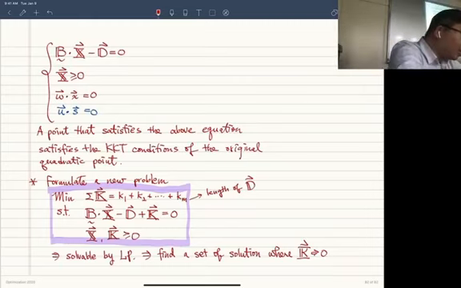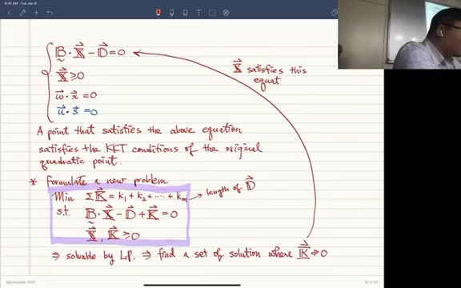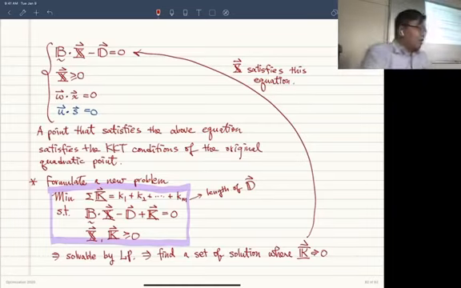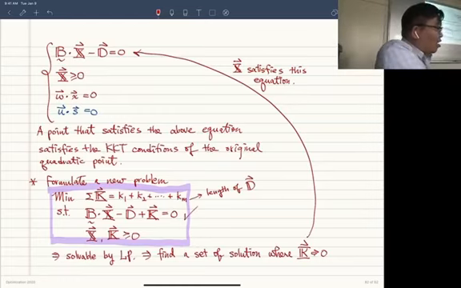That means your x at the moment satisfies this equation. Because in this new problem, if you find a set of solutions where your k is 0, then bx minus d equals 0.